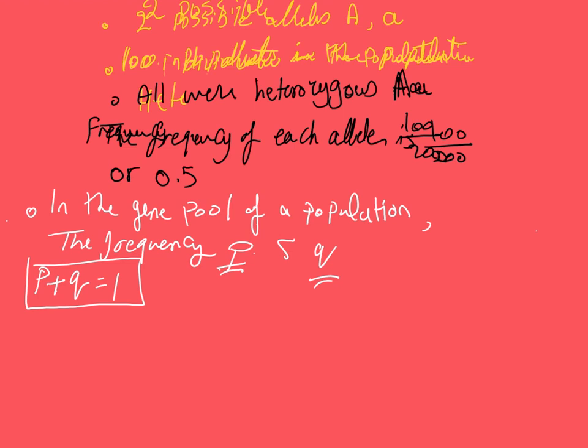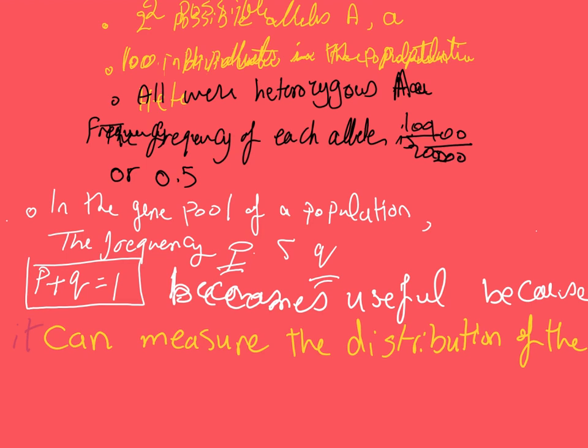And from this, we can calculate the genotype frequency using the Hardy-Weinberg equation, which says that P plus Q equals 1. So it becomes useful because it can measure the distribution of the recessive allele in the population.